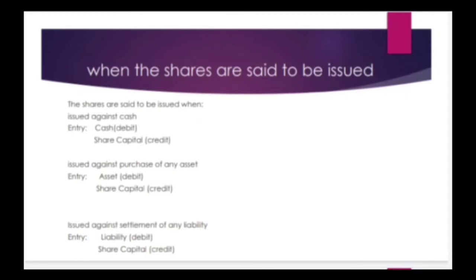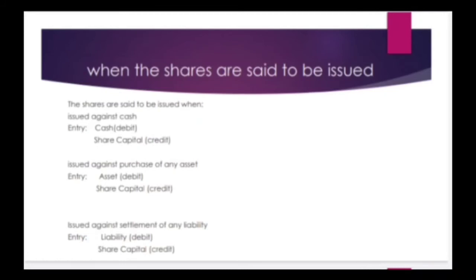So what will be the entry? Cash will arrive to the company, so it will increase and it is an asset. So cash will be debited and share capital will be credited, because whatsoever the condition is, if the shares are issued against anything, that shall hit share capital account and share capital account shall be credited.